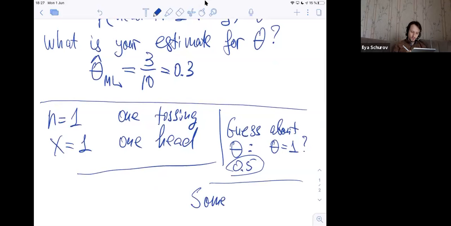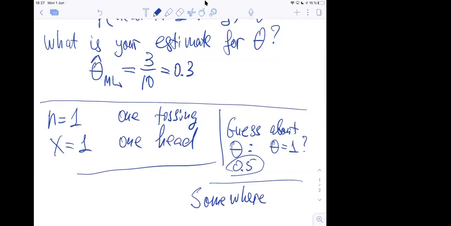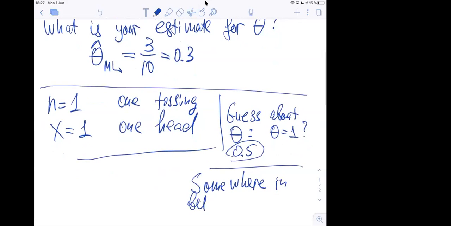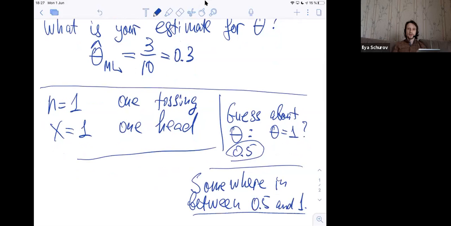Yeah, somewhere in between. Okay, so we have three options so far: 0.5, 1, and somewhere in between.